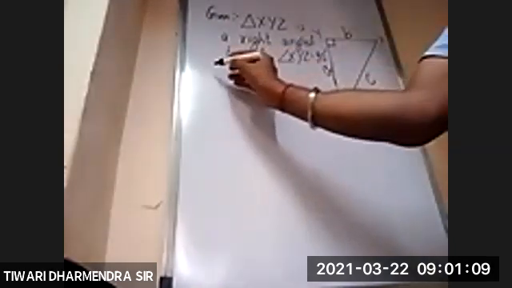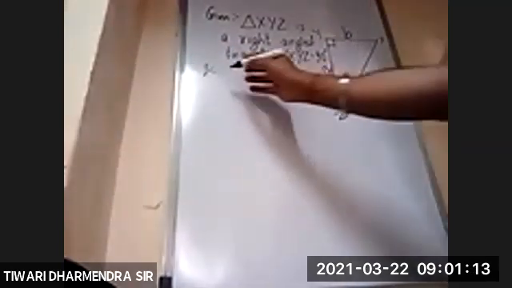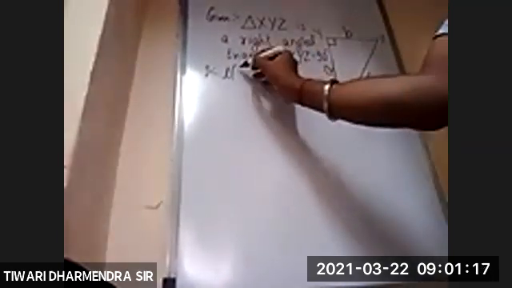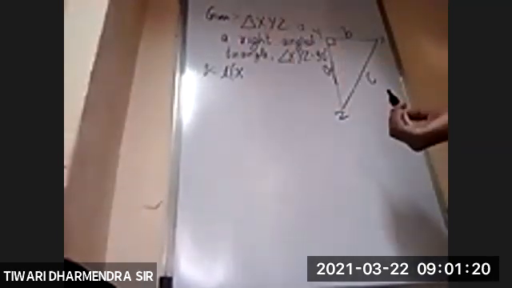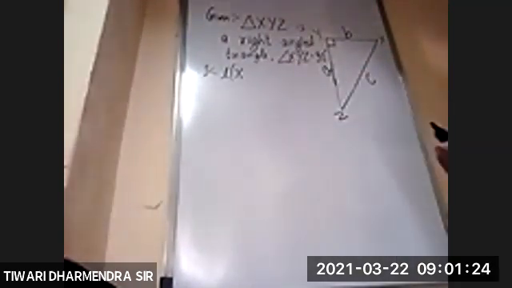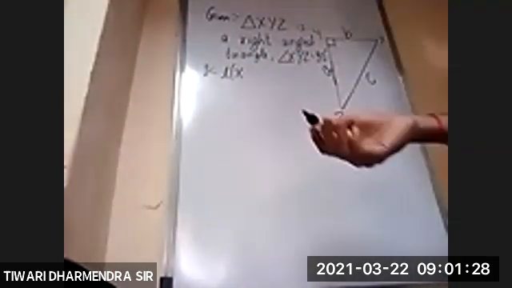And the length of XY, as well as you can write like this. Last time we wrote a statement. So instead of a statement, we can use this notation, as we know that the length of any side is given by small l of side.